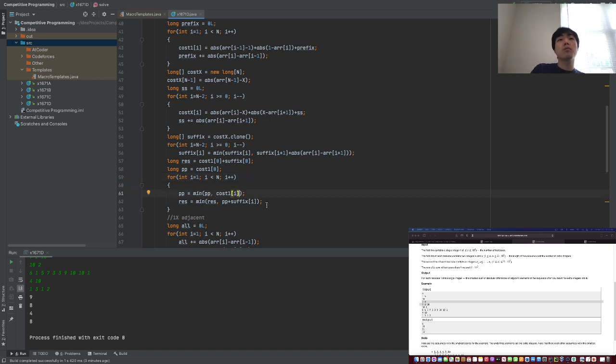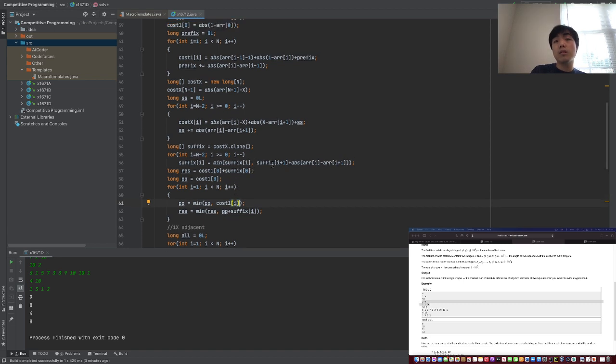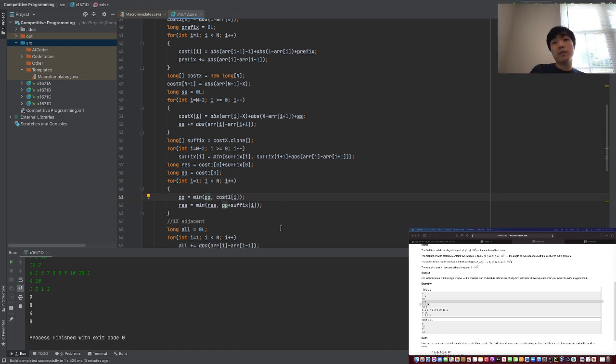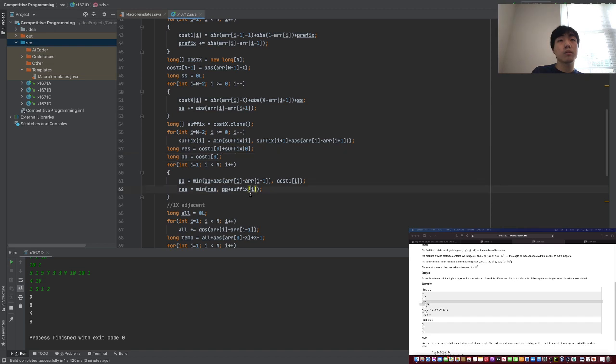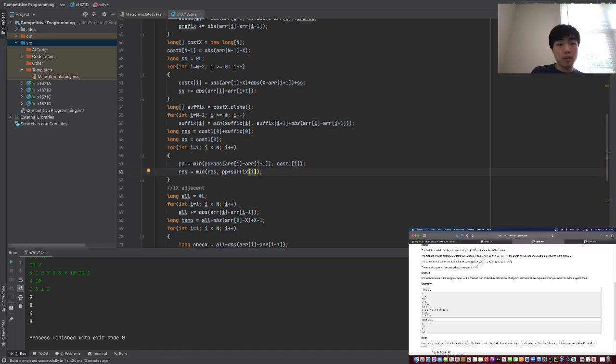Min pp cost at 1 and I, suffix I plus 1 is like the previous value. Min pp plus absolute value array at I minus array at I minus 1. And this. And then we do this. Let's see if this helps.